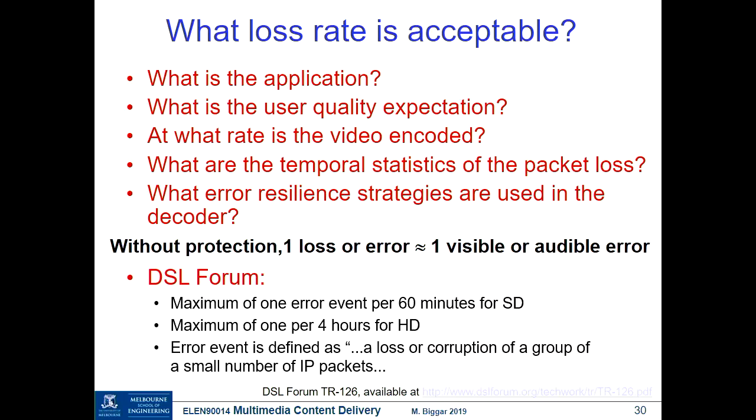Think of the same probability of a bit error, 1 in 10 to the 9 or something, then there are going to be more of them per unit time for high definition than for standard definition, and yet the expectation is that the interval between errors will be even longer.